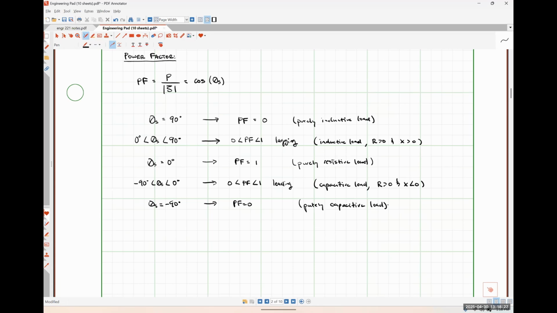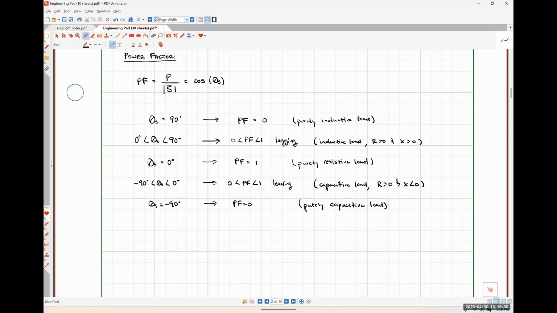So, tying things back to our power triangle, we should be able to see pretty easily that if we were to represent our complex power on a complex plane, anytime our complex power is in the first quadrant, we're operating at a lagging power factor. And anytime our complex power is in the fourth quadrant, we're operating at a leading power factor.